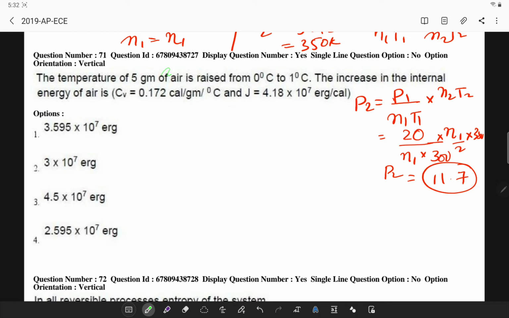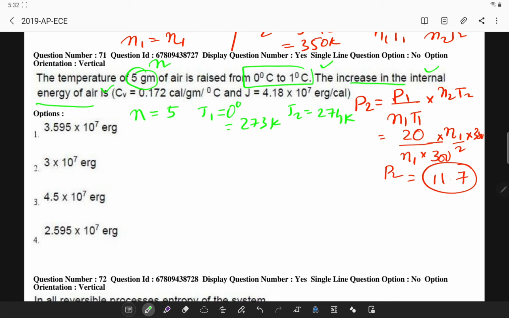So here the temperature of a 5 gram gas, N, is raised from 0 to 1 degrees. So T1 and T2 are given. He is asking the increase in internal energy of air. Okay. So N is 5, T1 is 0 degrees or 273 Kelvin, T2 is 273 plus 1, which is 274 Kelvin.